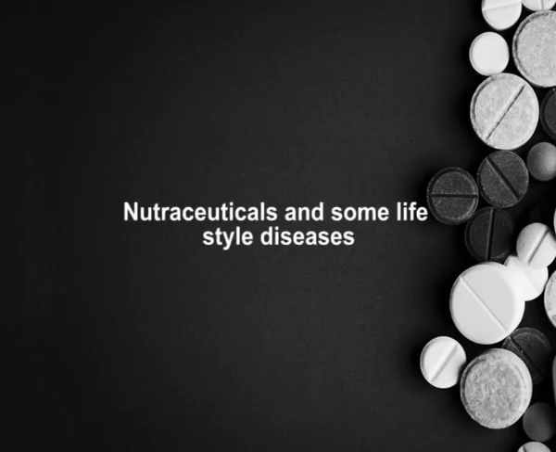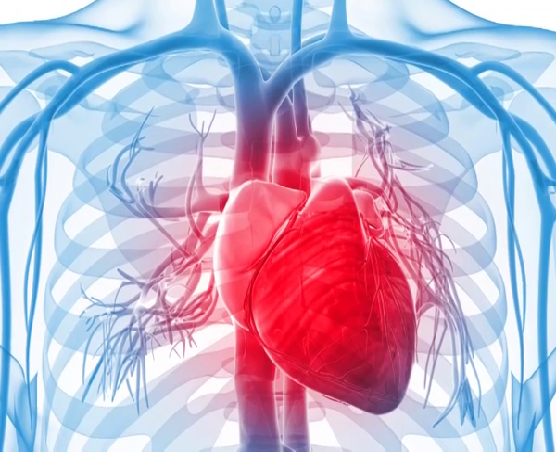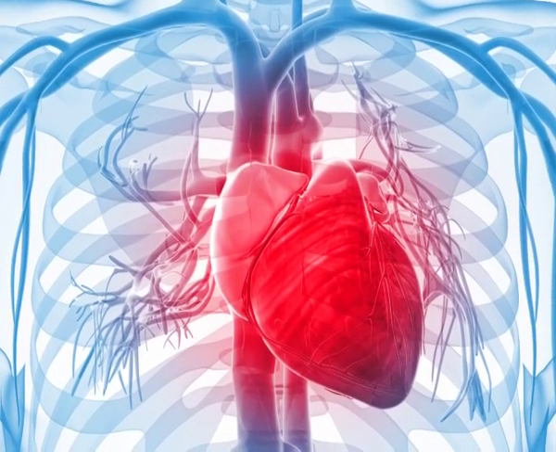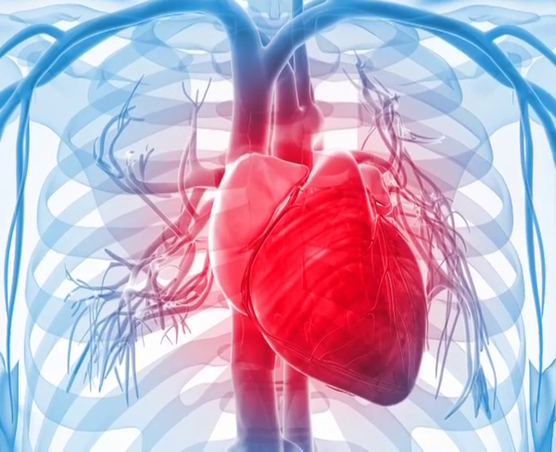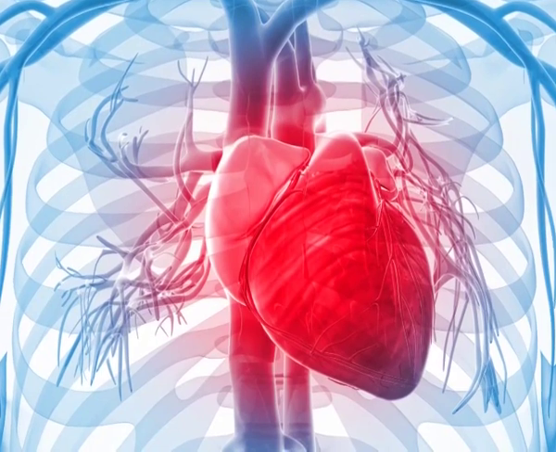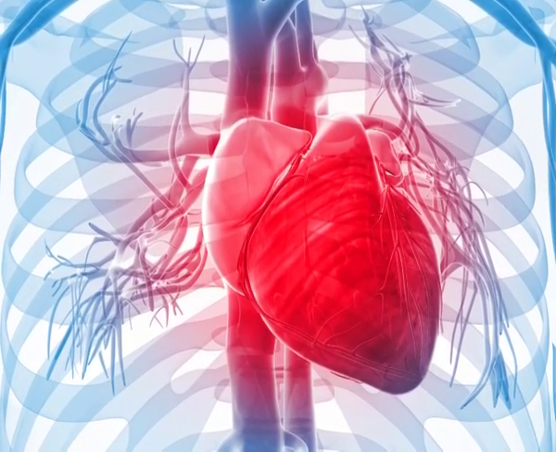Nutraceuticals and some lifestyle diseases. First, cardiovascular disease. Because of the extremely long history of CVD, the causal relationship of nutritional or physical exercise on CVD measures is still difficult to measure prospectively.